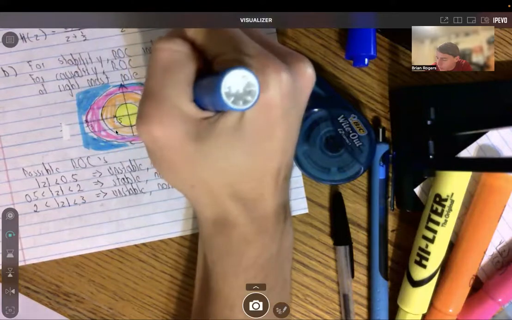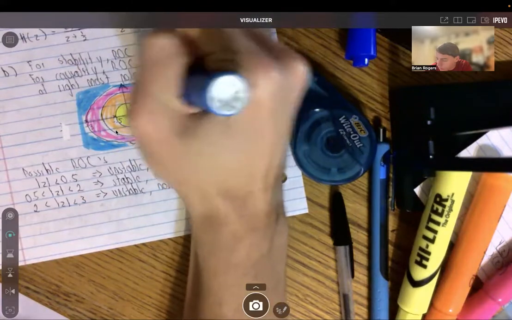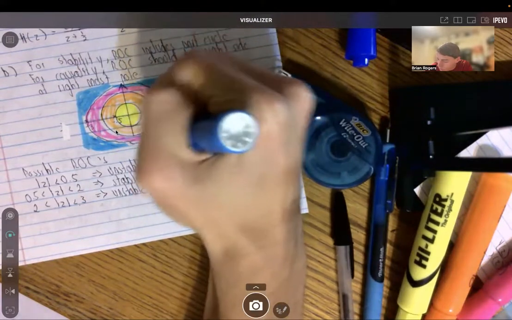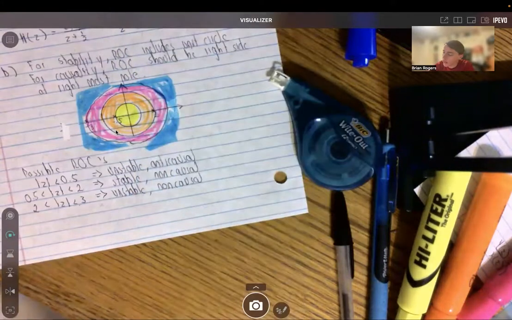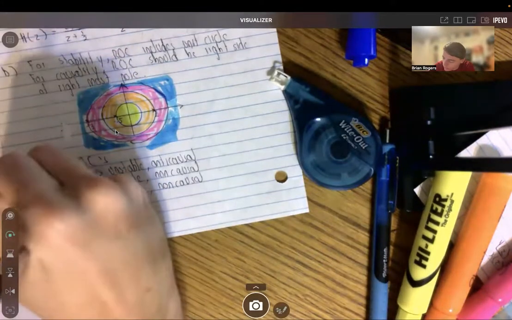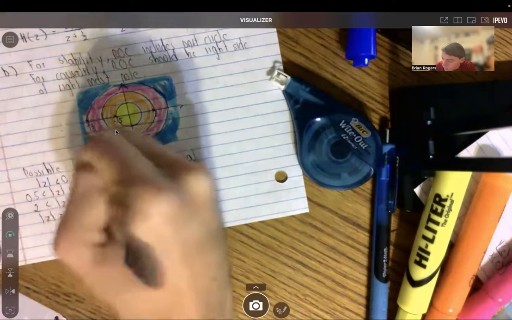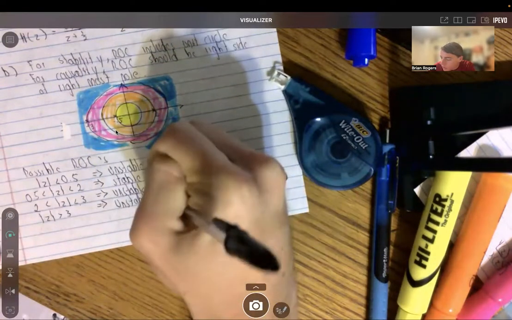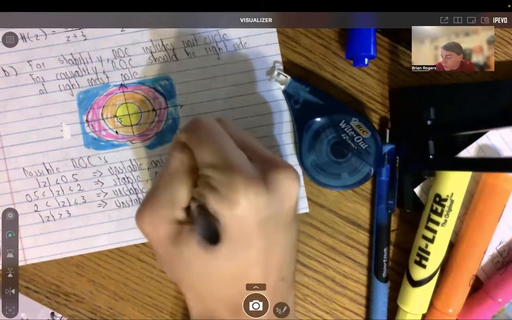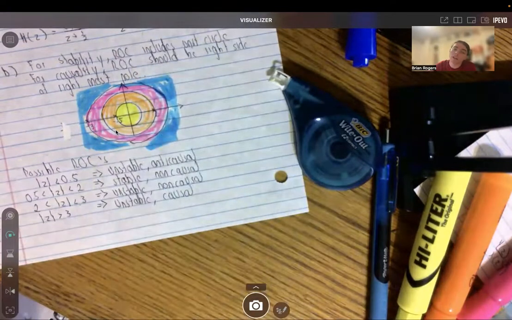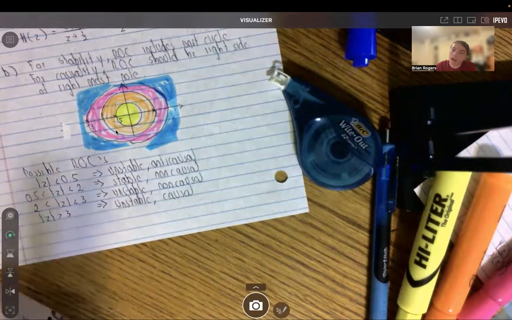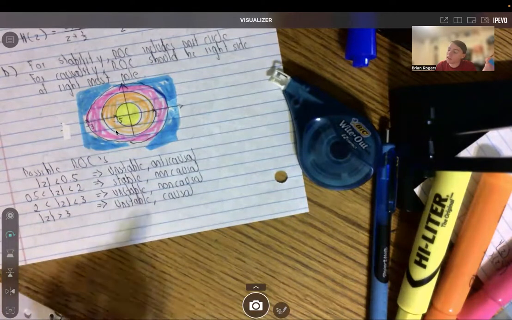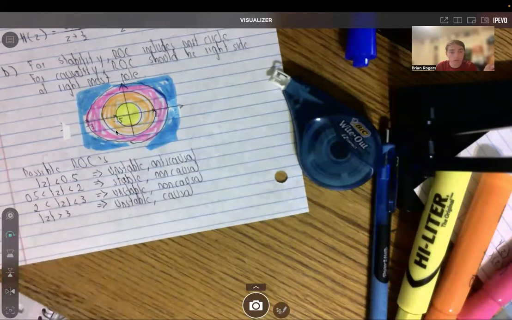For that last one, when |z| is greater than 3, this one is unstable. It does not include the unit circle, and it's going to be causal, however, because it does include the exterior, as it goes to infinity. So those would be the possible regions of convergence.